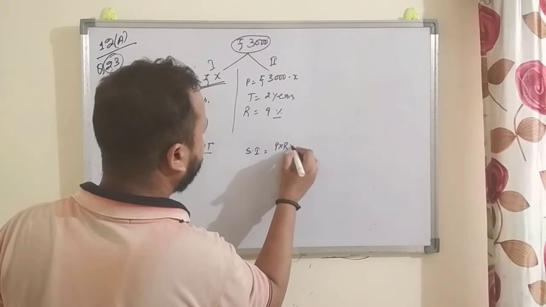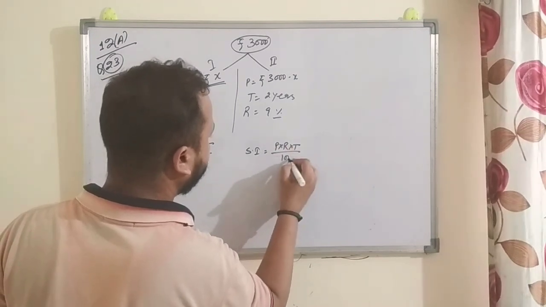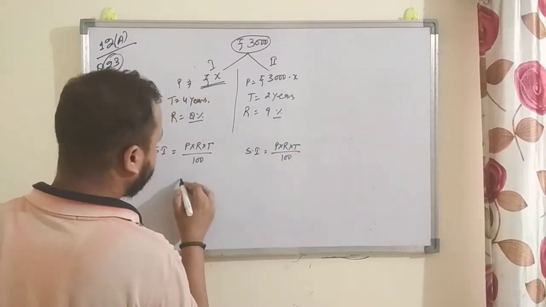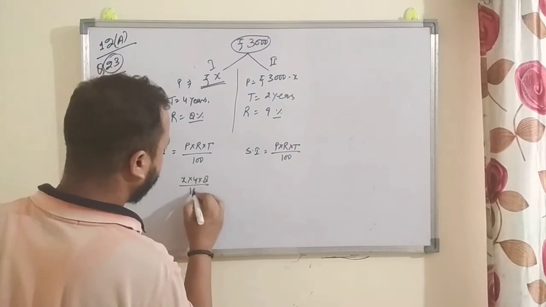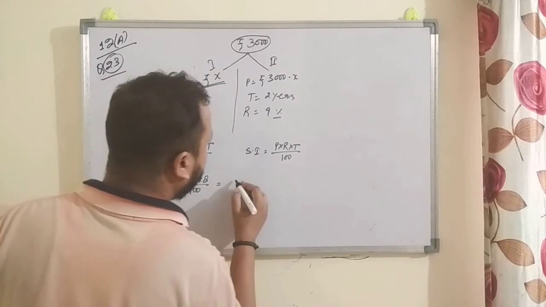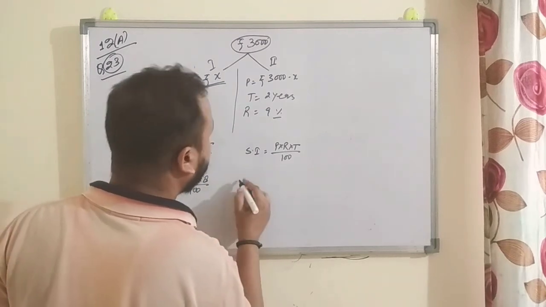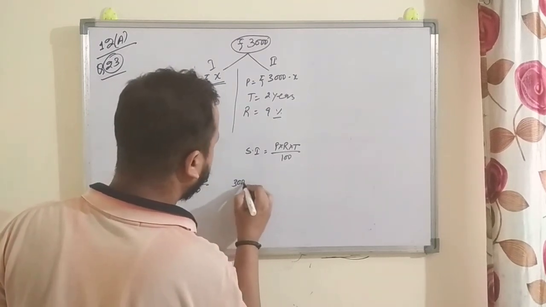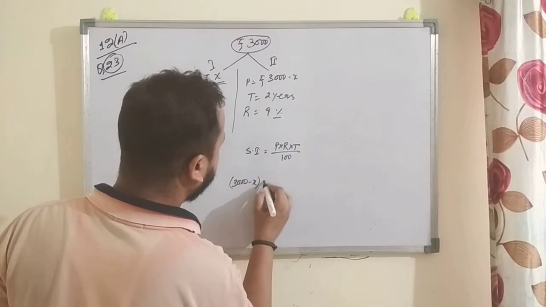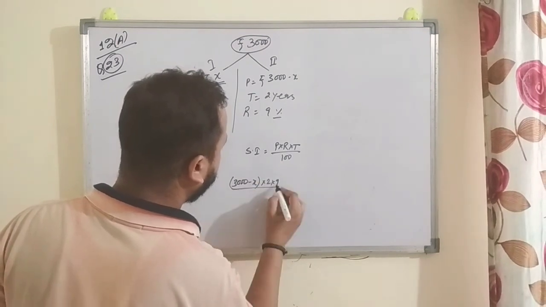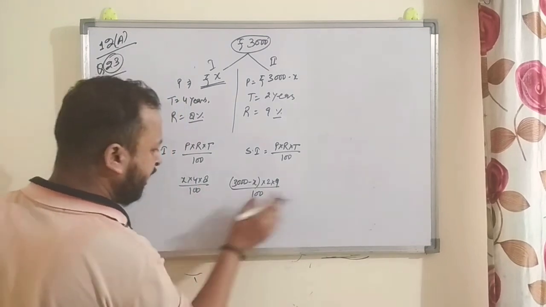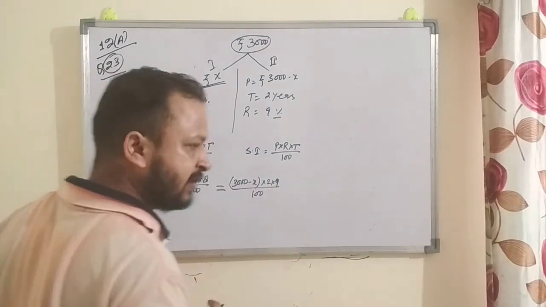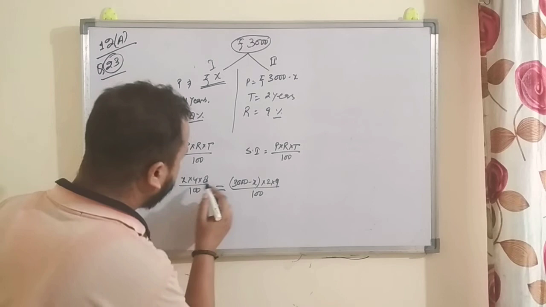So simple interest is x into 4 into 8 divided by 100 is equal to, sorry, 3000 minus x into 2 into 9 by 100, right? And it is saying that both are equal, so you can put an equal sign, right? Now solve it and you will get the answer.